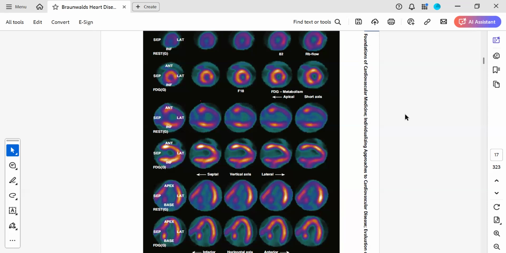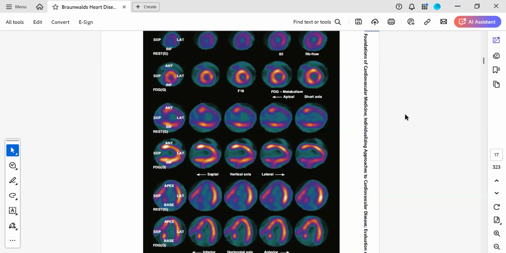PET is more tedious to do and more expensive. So that's the disadvantage. Because the radionuclide agent you choose is very difficult and more labor intensive to generate. Rubidium, ammonium, generating it before you give the patient the agent is a very demanding process. That makes the procedure much more expensive.